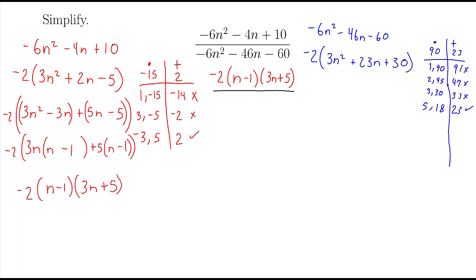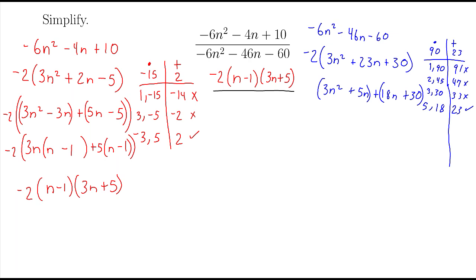Those add up to 23. So I'm going to use 5 and 18 to split 23n into two terms, 5n plus 18n. Don't forget to bring down the 30. And then we will group. I'm not forgetting about the negative 2 on the outside. I'll worry about that later.